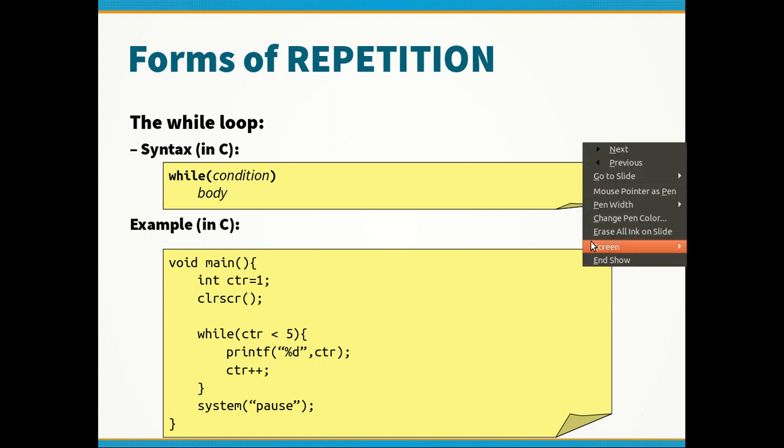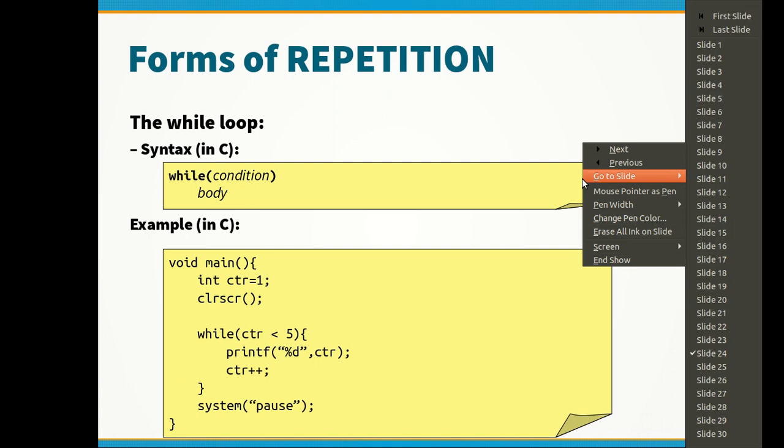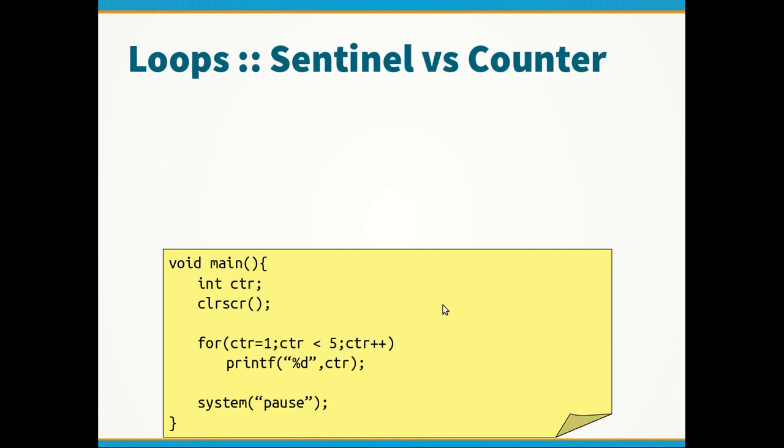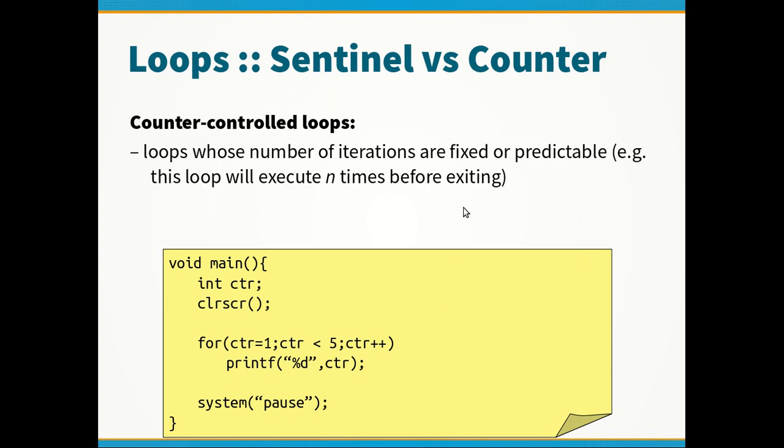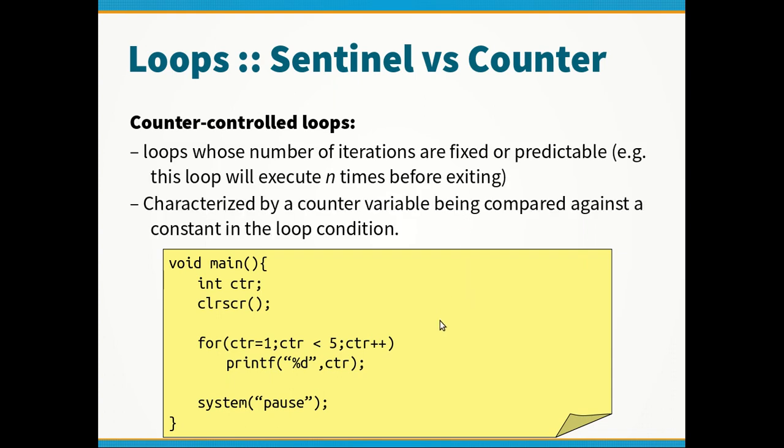However, that is no longer the case when we go to slide number 29. Okay, counter control, we actually have an example. So this is for counter control: loops whose number of iterations are fixed, predictable, and characterized by a counter variable being compared against a constant in the loop condition.